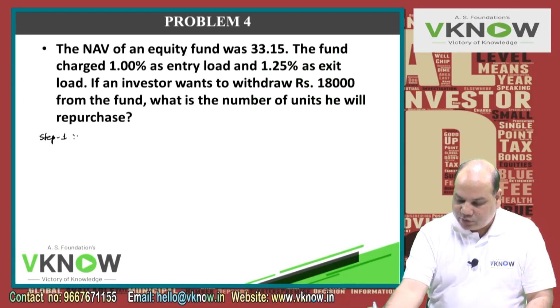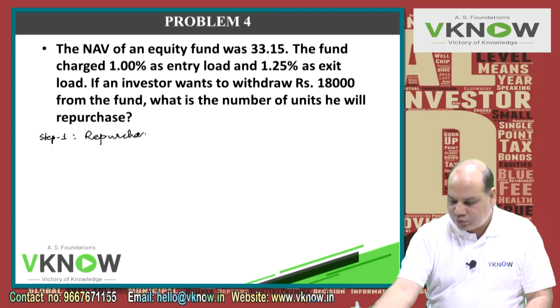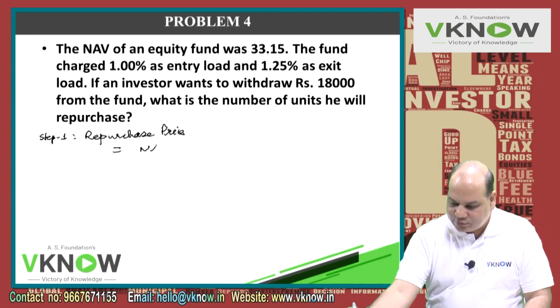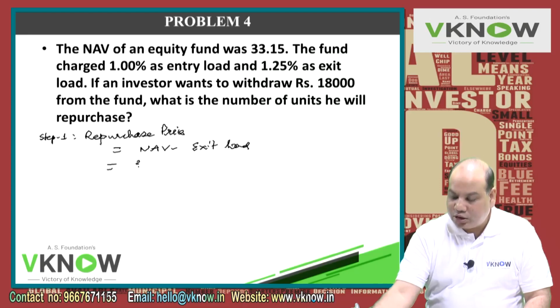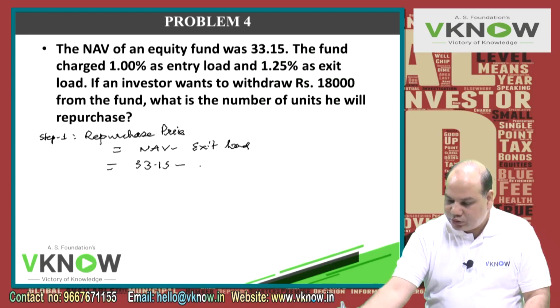So step number 1 will be repurchase price is equal to NAV minus exit load. NAV is 33.15 and exit load is how much? 1.25%.